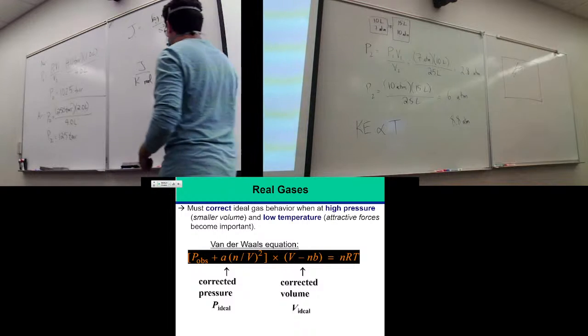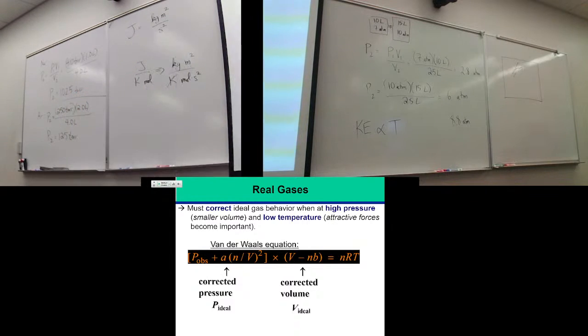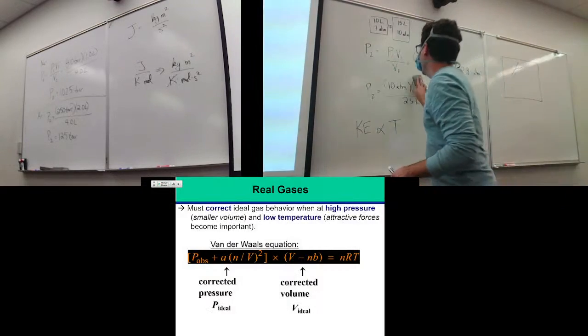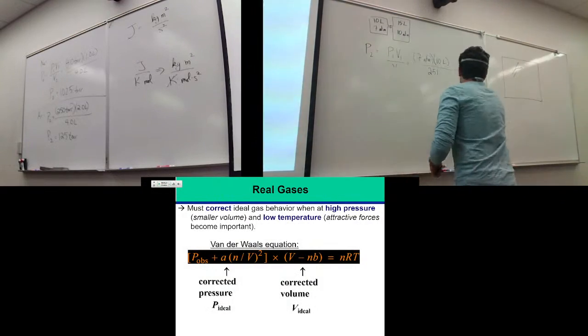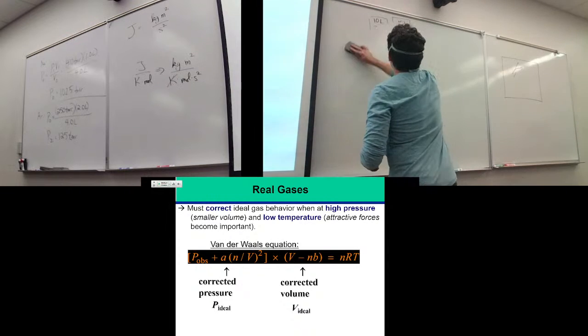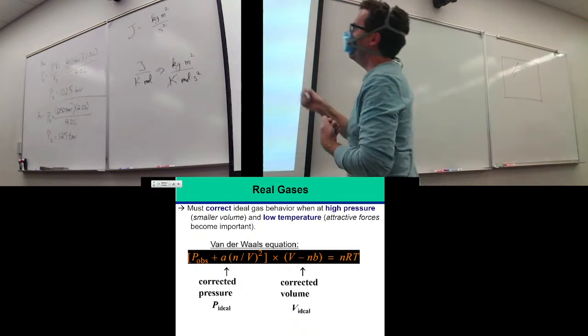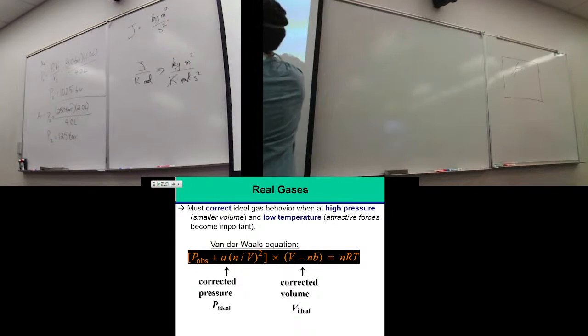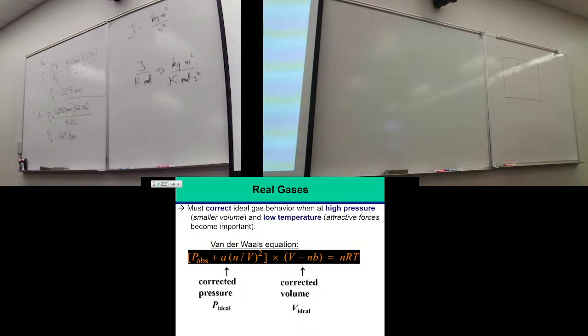And I don't know if the next slide shows that. Let me see. No, it doesn't. So I can rearrange this equation to solve for P, and it's not too hard. I'm going to divide both sides by V minus nb, and that's going to go down here. And then I'm going to subtract this from both sides.